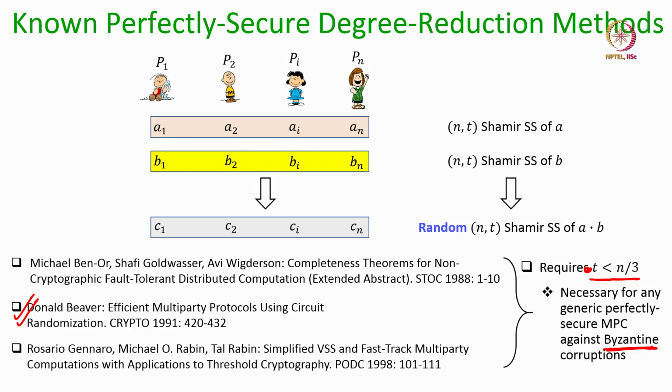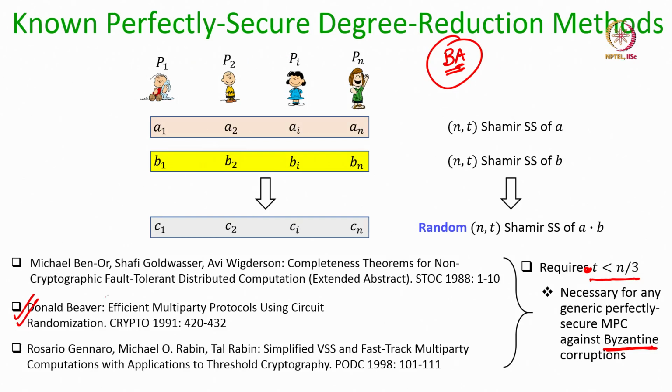For instance, the problem of perfectly secure Byzantine agreement we cannot solve if this condition is not satisfied. And Byzantine agreement is a special kind of MPC function, and this impossibility result shows that for generic functions we necessarily require the condition t less than n over 3 to get a perfectly secure method for computing the function.